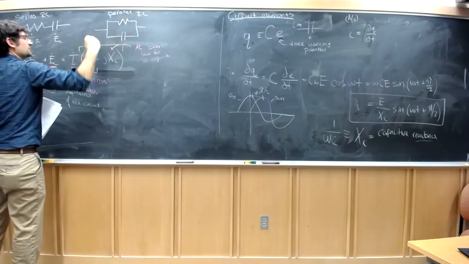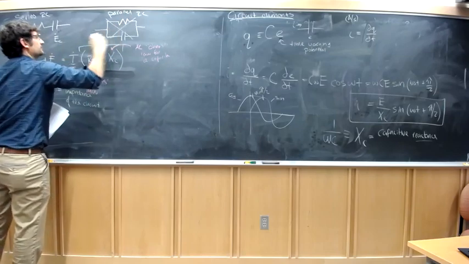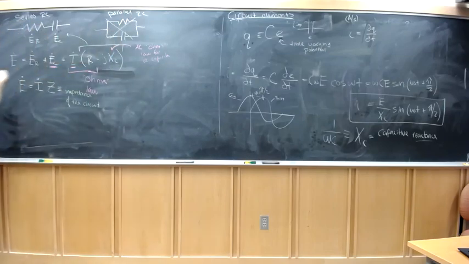For this particular circuit, that's the impedance. So the impedance is the thing that I really like to think about as the AC equivalent of resistance, because you get basically Ohm's law. Right? So if we know the impedance, we can calculate E and I.